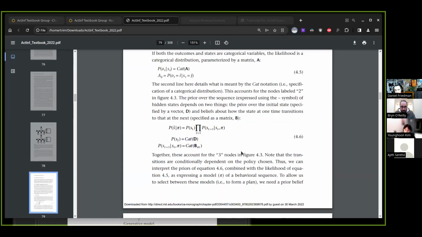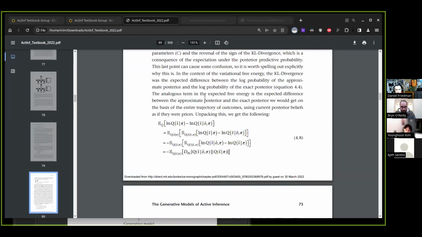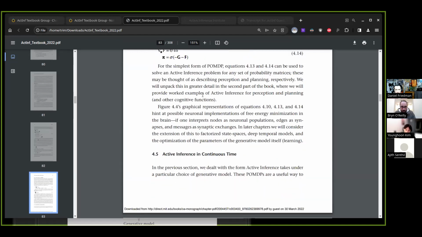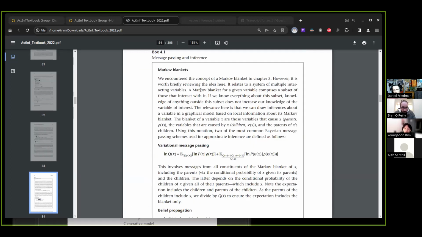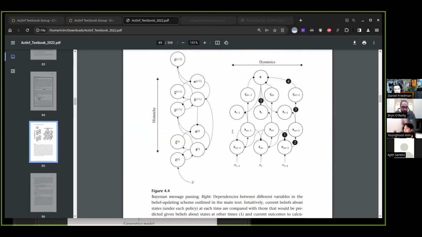Well, in the rest of 4, discrete time is explored more. That's basically more math about the top part of figure 4.3. Section 4.5, continuous time, more math on the bottom of figure 4.3. Some extremely spicy and interesting topics with Markov blankets and message passing, and some representations of message passing.